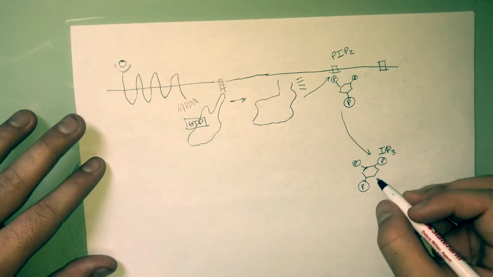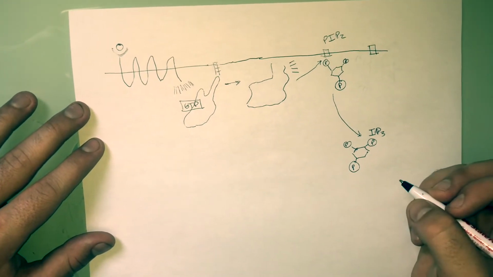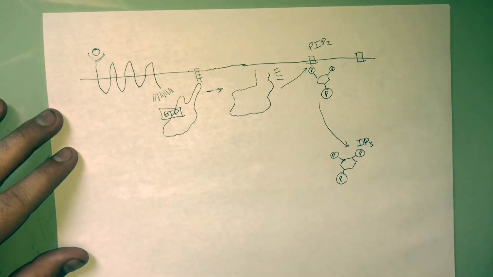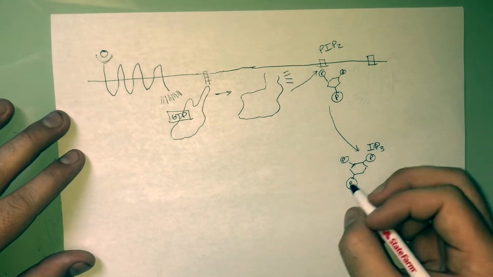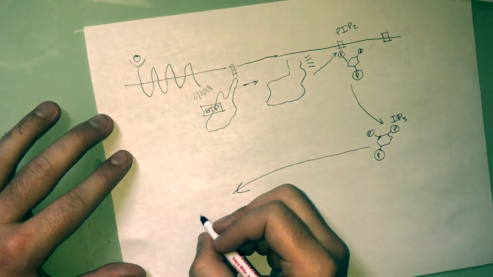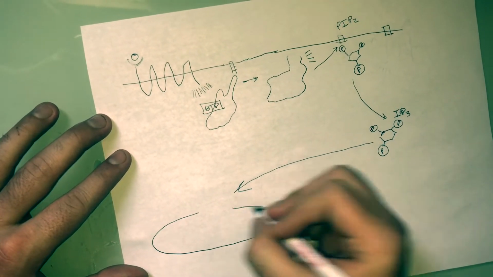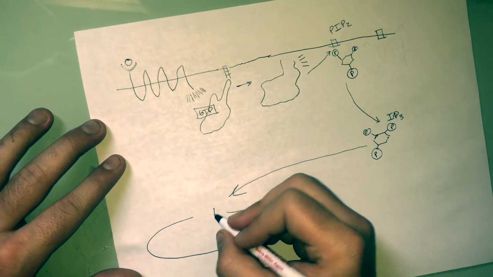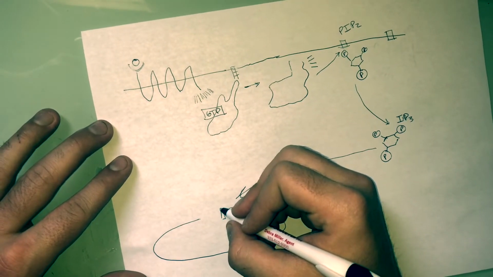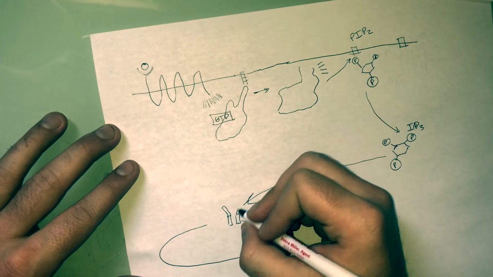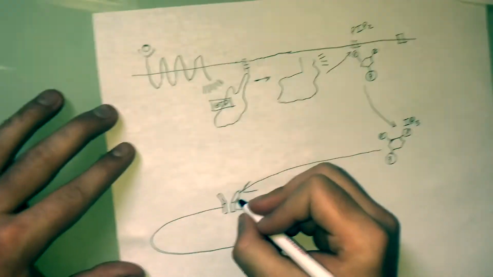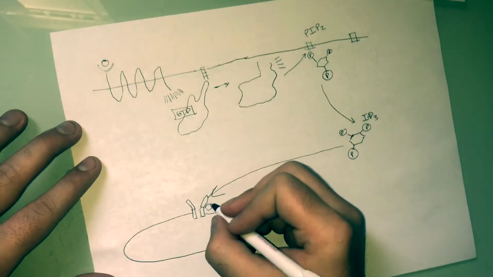Now, IP3 has its own function. It's going to target a calcium channel release gate that is located in the lumen of the endoplasmic reticulum. As this moves around and finds its target in the lumen, it binds to certain channels right here on the side, which open up the calcium channels.